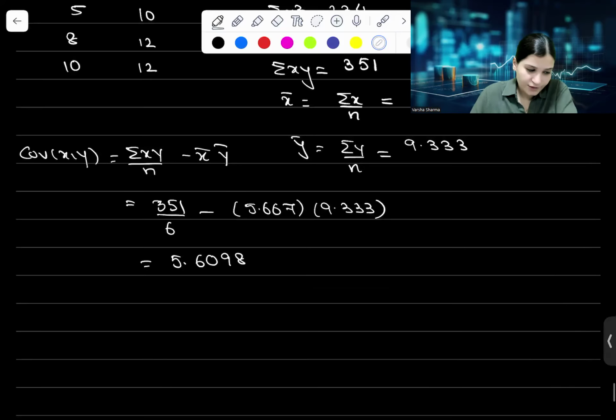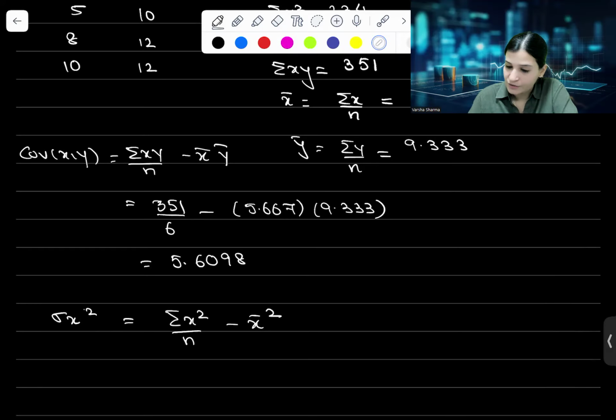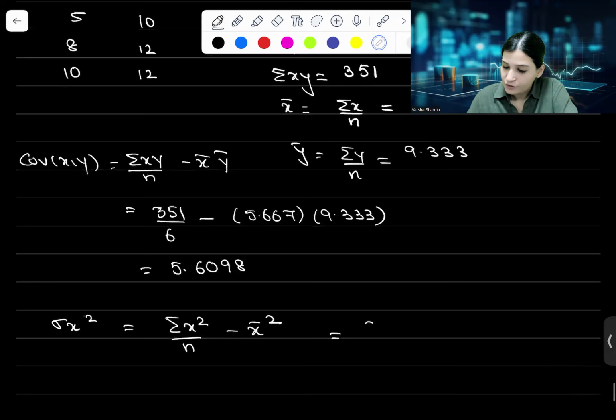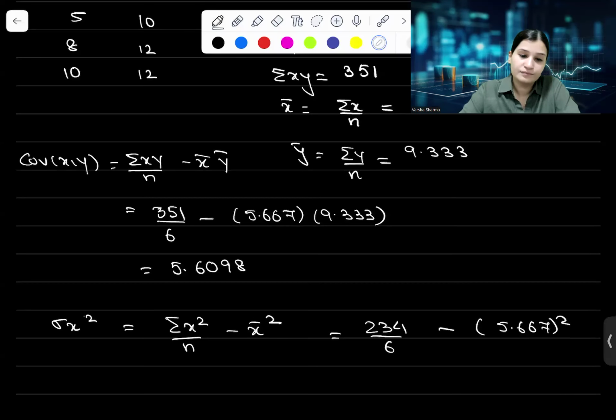Okay. Standard deviation of x square, variance basically. Summation x square by n minus x bar square. 234 by 6 minus 5.667 whole square: 6.885.